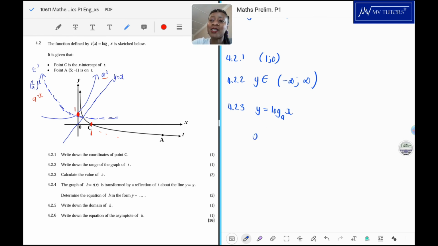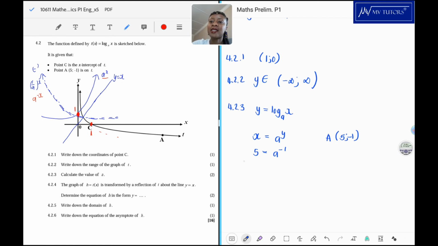Before we logged it, I'm going to take it back. So x is equal to a to the power y. And then they gave us a point A, remember? That point A is (5; -1). So I'm going to substitute 5 where x is, and minus 1 where y is.